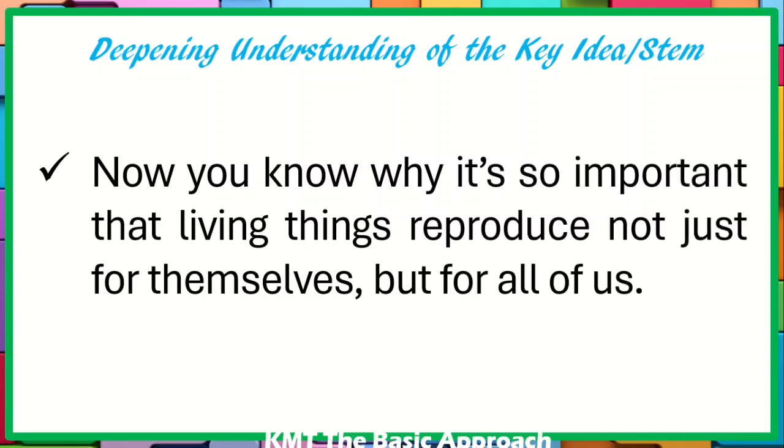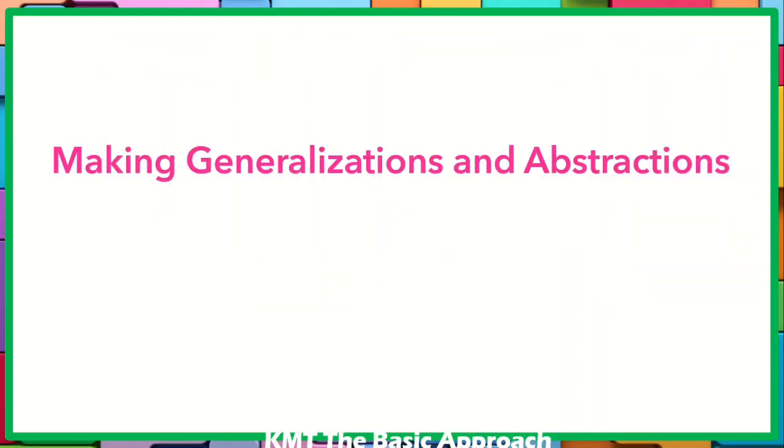Now you know why it is so important that living things reproduce, not just for themselves, but for all of us. Making generalizations and abstractions to be guided by your actual teacher.